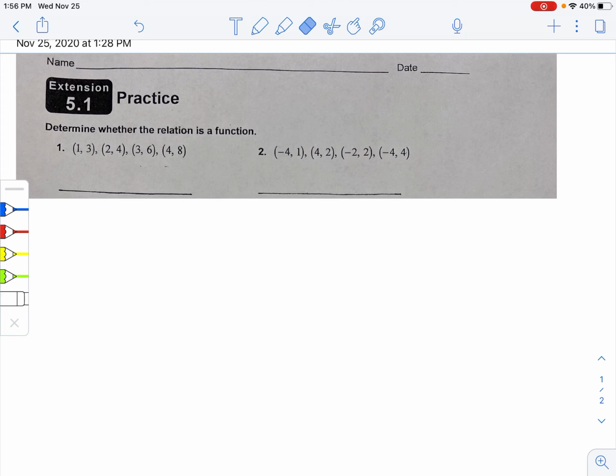So remember, a function is something like y equals 2x. And we have x values or inputs. And let's say, just for the sake of right now, our inputs are -1, 0, and +1. Those are our inputs.